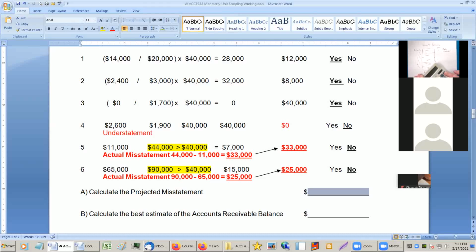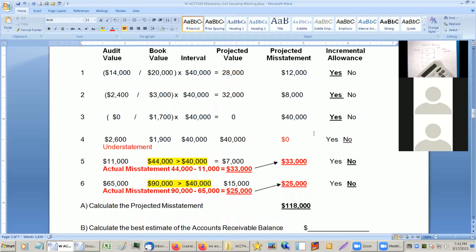A little muddle-headed right now. $118,000. And that's just adding all these up. So our projected misstatement is 118,000.